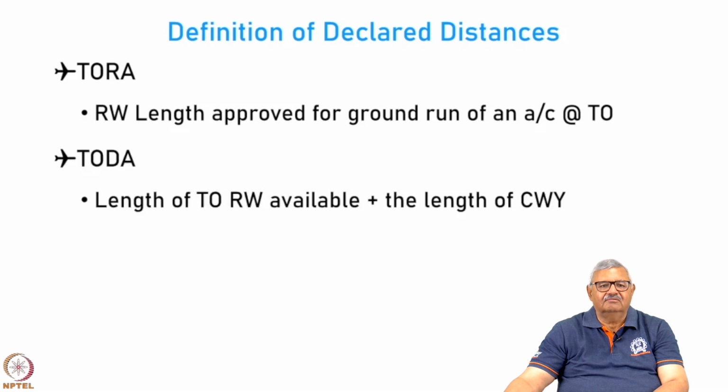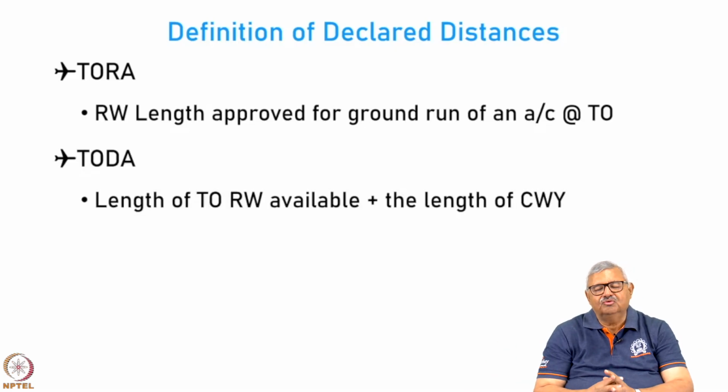Then you have TODA, which is the length of the runway available plus the length of any clearway that may be available beyond the runway to allow obstacle clearance. If the runway length is large enough, you might obtain obstacle clearance over the runway itself, but it is not necessary. In some airports where there are land limitations, you may allow the clearway to take care of the obstacle clearance, as I showed you in the previous slides.